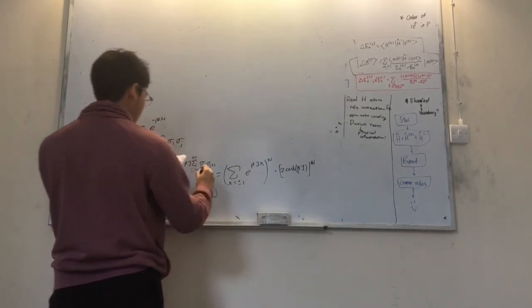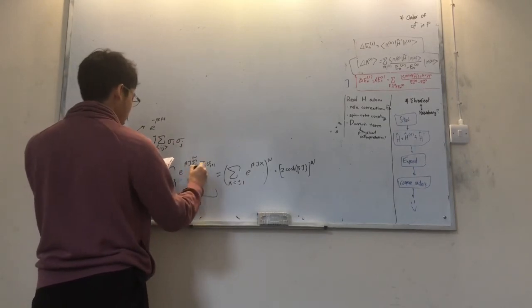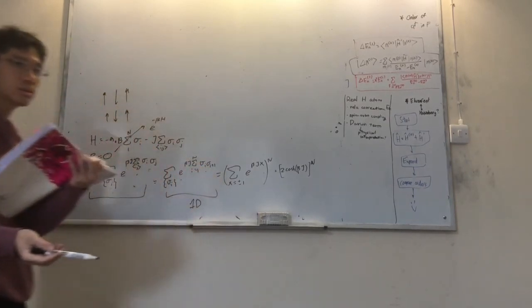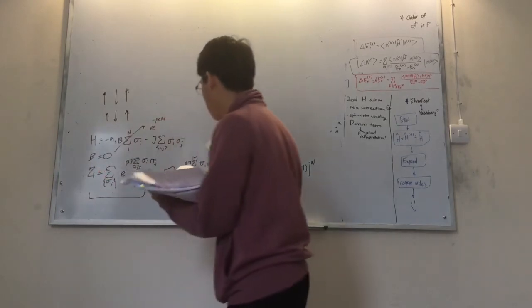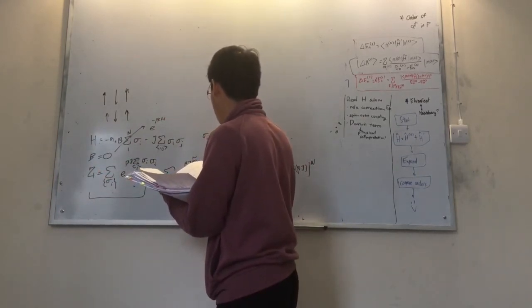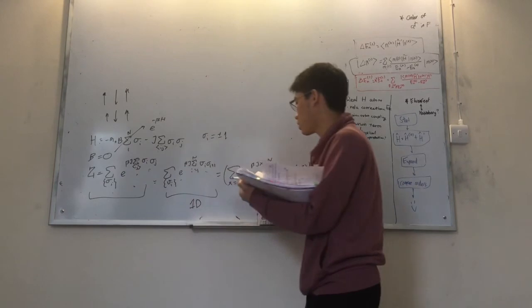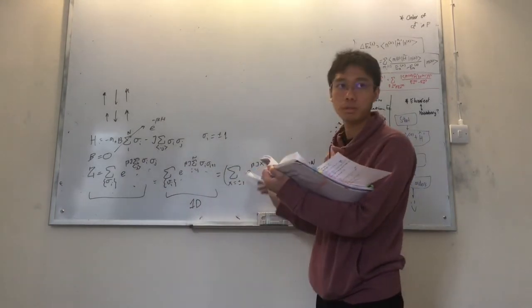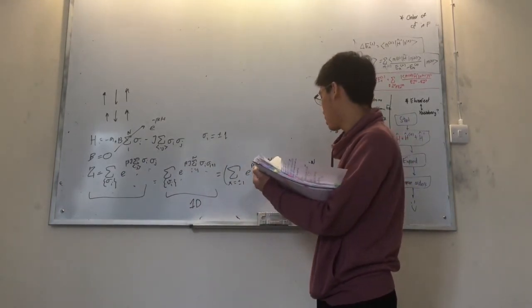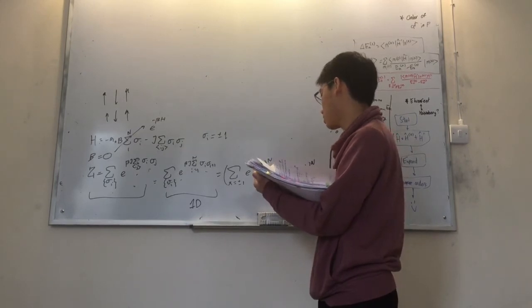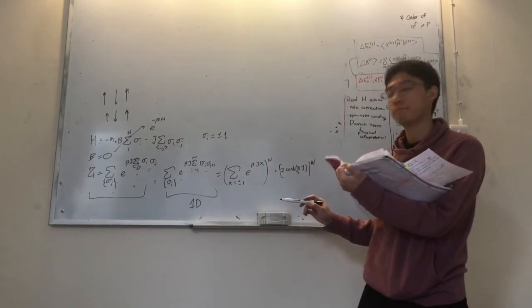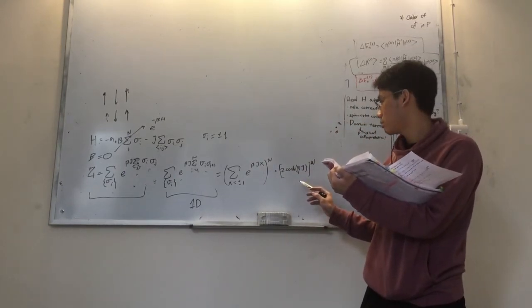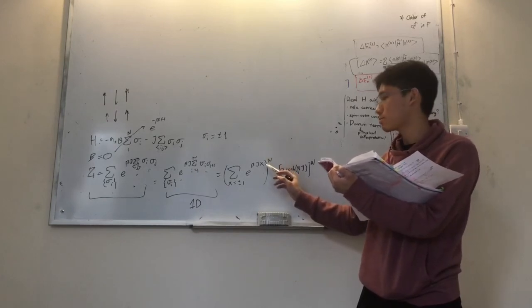So it's a 1D chain. And because each sigma_i is either plus or minus 1, we take a sum over all the possible configurations. It's just beta J, because sigma is plus or minus 1.